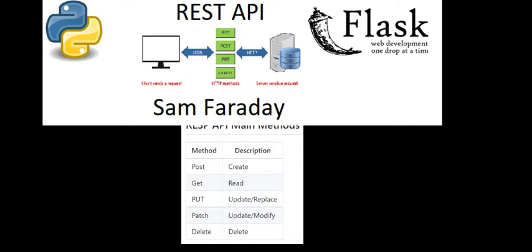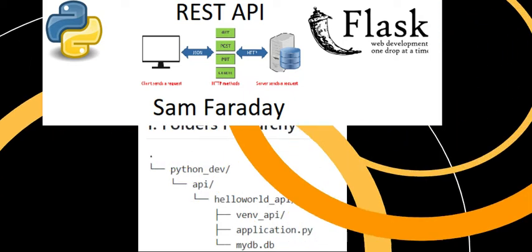If on the other side we need to update some information, we have two main methods. We have PUT, which does some update and also can replace some information. And we can also have the PATCH method that can update and modify small pieces of information. And our last and most common method is the DELETE. As the name says, it deletes information on the server.